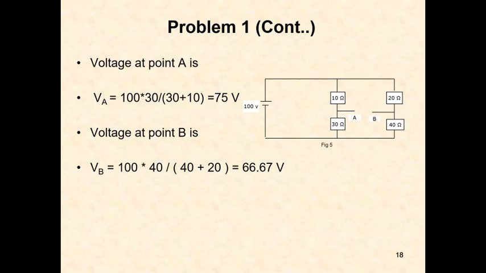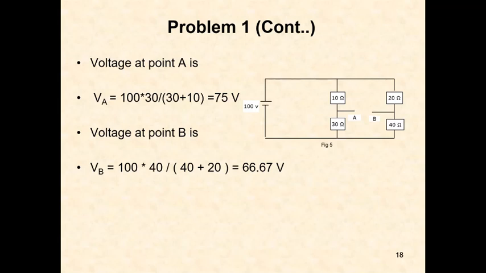See, again I am repeating this: the 10 ohms plus 30 ohms and the 20 plus 40, 60 ohms, these two are now parallel, and the total 100 volts appears across 10 plus 30, and the same 100 volts appears across 20 plus 40.